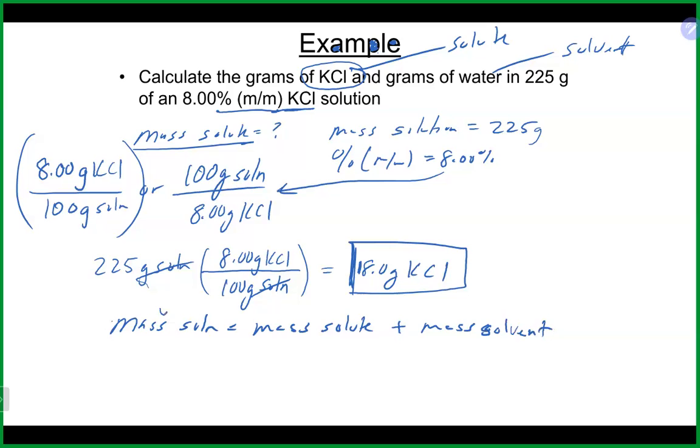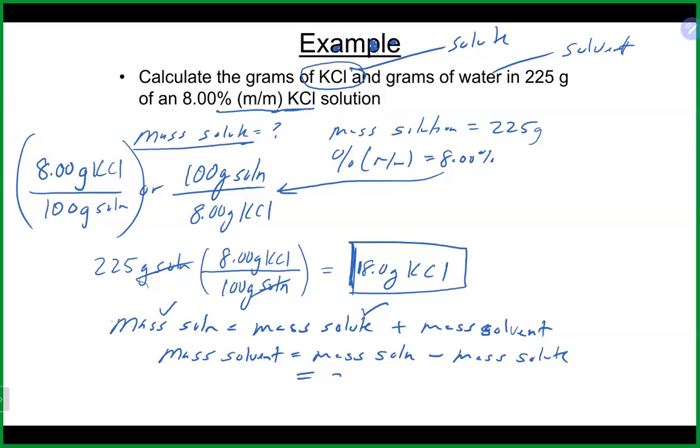So we do have the mass of the solution. We just figured out the mass of our solute in this case. So we can basically subtract to get the mass of the solvent, which is our water. Mass of the solvent will be the mass of the solution minus the mass of the solute.